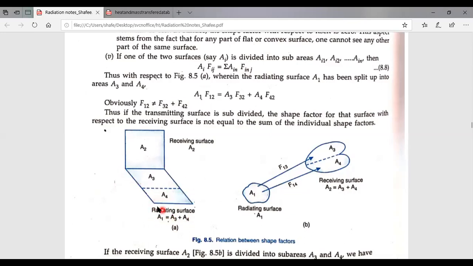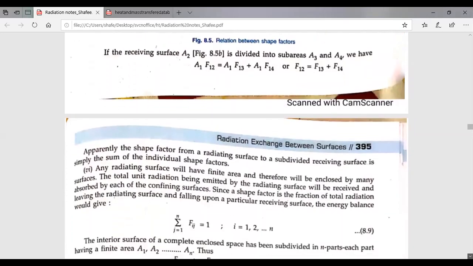So this entire thing will be considered as one area, but it's a combination of A3 plus A4. So what I need to find out: from A2 to A3, it is one perpendicular rectangle. Then I have to find out from A2 to A4, but it's not actually connected, because A2 and A3 are connected by a common edge, but A2 and A4 are not connected by a common edge. So that sort of problem we'll find out. This is one more example of the orientation of the surfaces.